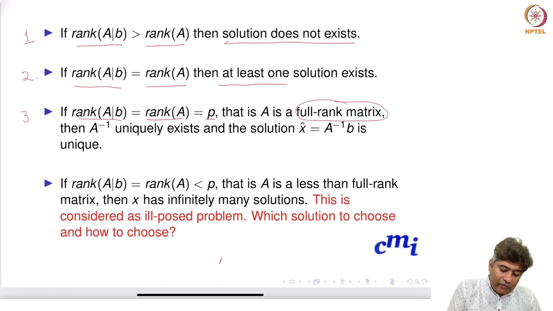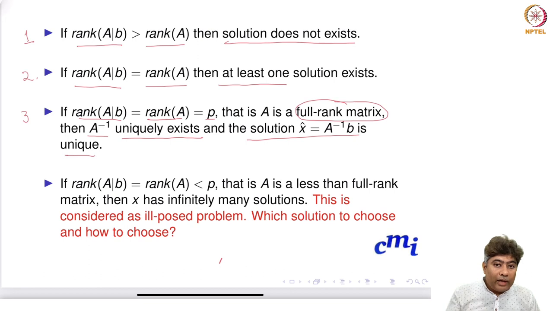That is very important. If it is a full rank matrix, then A inverse uniquely exists. So the solution A inverse B is unique. That is very important. So if A is a full rank matrix, we have a unique solution.